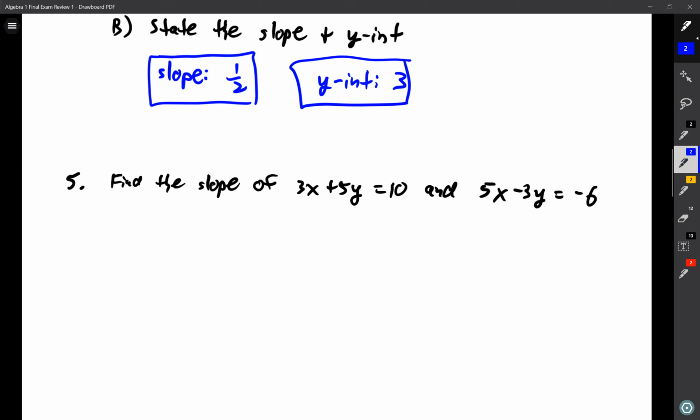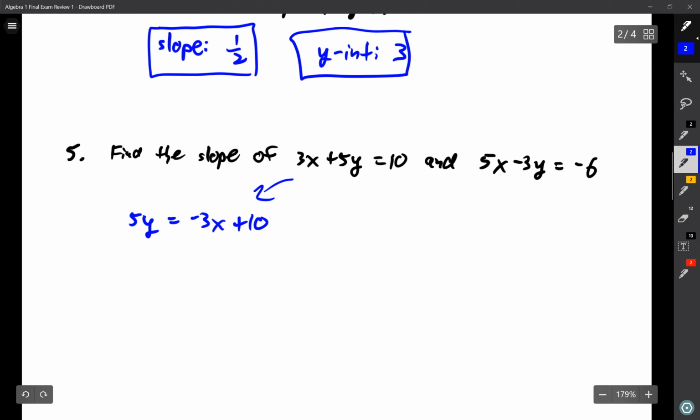So let's do this one. So then this one becomes 5y equals -3x, because I threw it to the other side, plus 10. So now we need to divide everything by 5, so I get y equals -3/5 x plus 2. So then this one, the slope is -3/5.